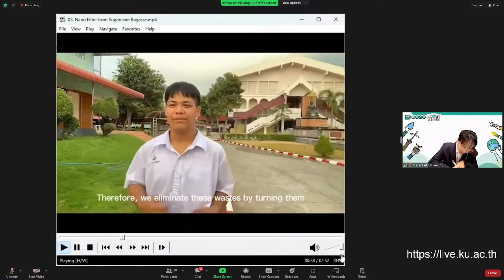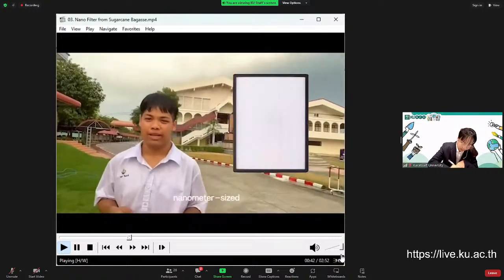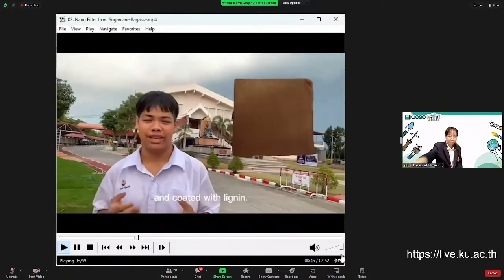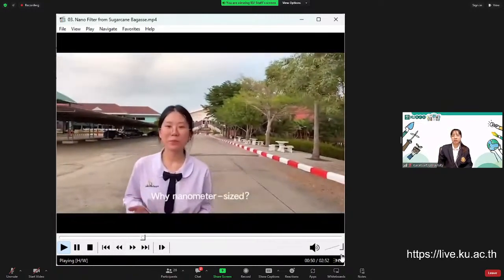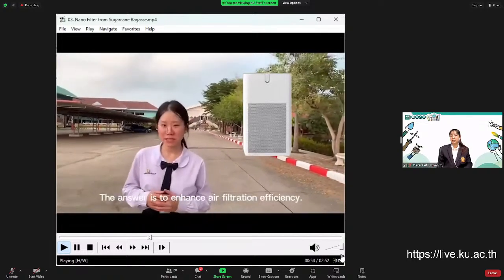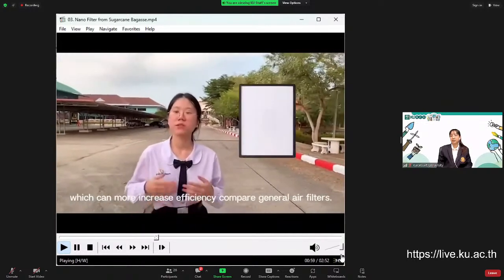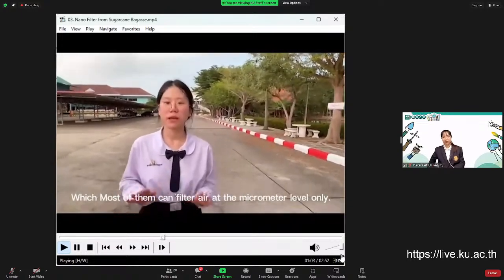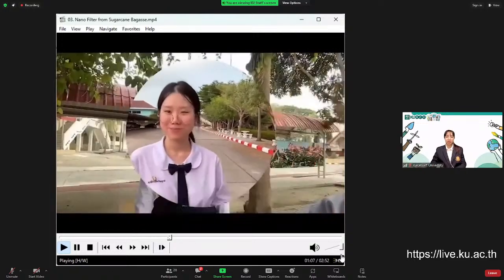Therefore, we eliminate this waste by turning them into air filter sheets made of nanometer-sized sugarcane bagasse fibers and coated with lignin. Why nanometer size? The answer is to enhance air filtration efficiency and to be used with the third layer of the air filter, which can increase more efficiency compared to general air filters, which most of them can filter air at the micrometer level only.